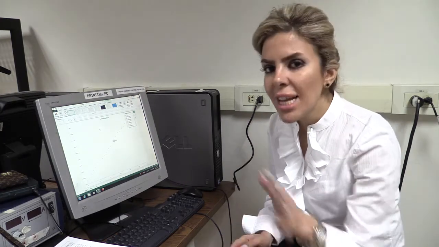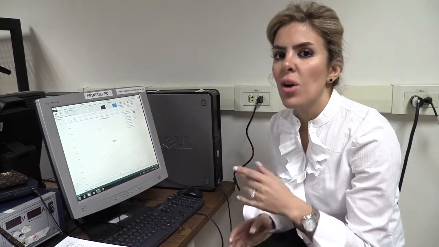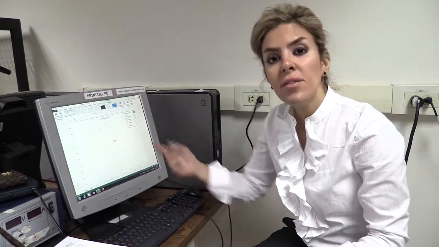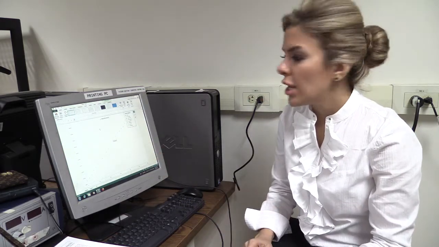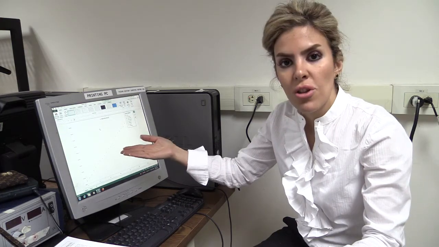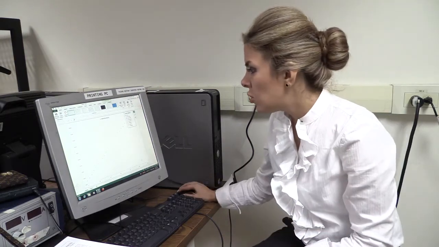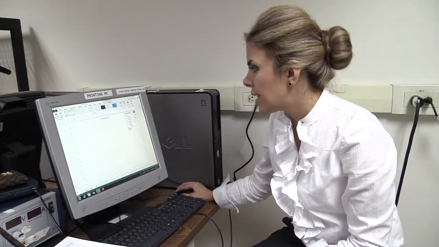If it's really off from 1, it means your equation is wrong. For example, based on what I visualize over here and based on what I know from GPII, velocity versus time must be a linear equation. So if they choose a polynomial or exponential equation for this one, they get an R-squared value far away from 1. This is how they can check, they can play with this.